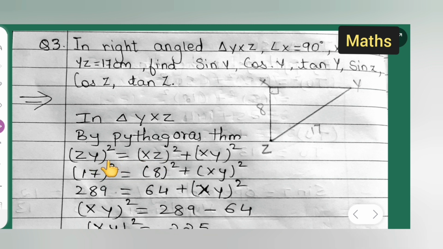Now ZY is 17 squared, XZ is 8 squared, and this is not given, so write it as it is, XY squared.